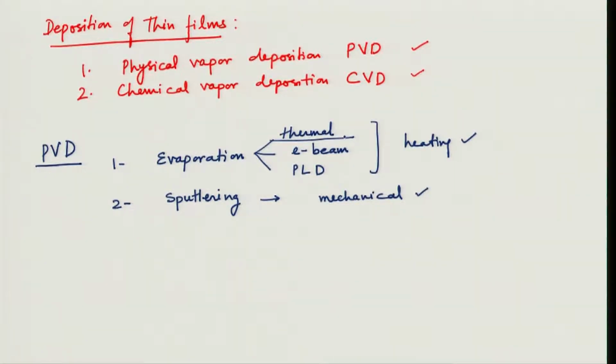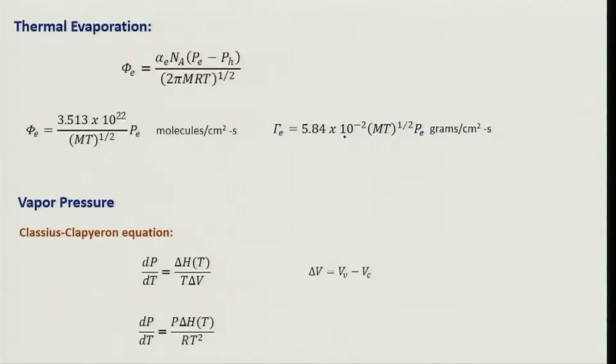in this lecture. Now, thermal evaporation. So, our idea is that if I have a vacuum chamber connected to a pump, I have a substrate, a way of loading my substrate somewhere here on which I want to deposit my thin film, and I introduce a crucible with my source.